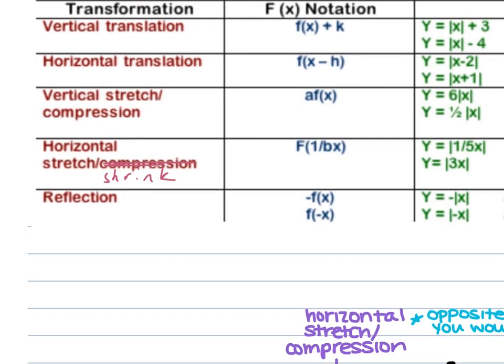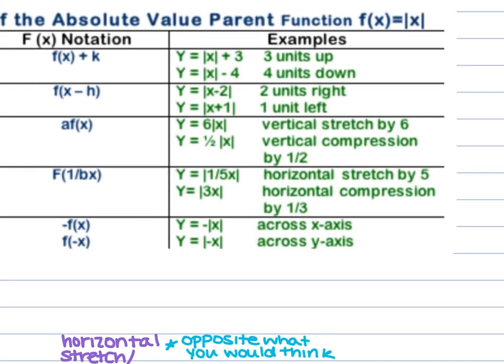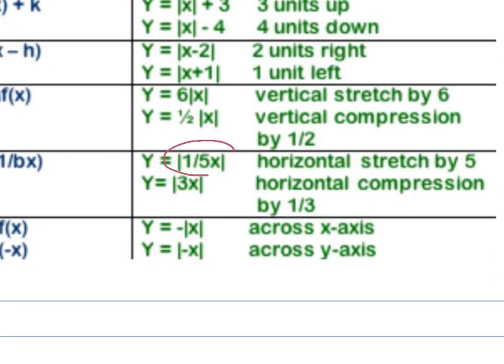So a horizontal stretch or shrink is when our number in our x inside the parentheses gets multiplied. However, for horizontal stretch and shrink, we're multiplying it by the reciprocal of the number. So for our example here, we have x inside our absolute value that gets multiplied by 1/5.